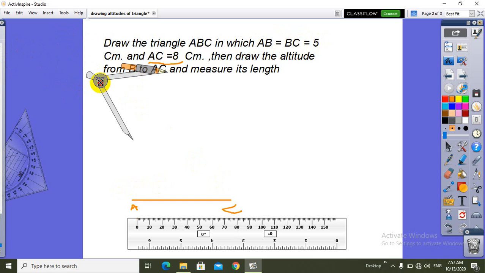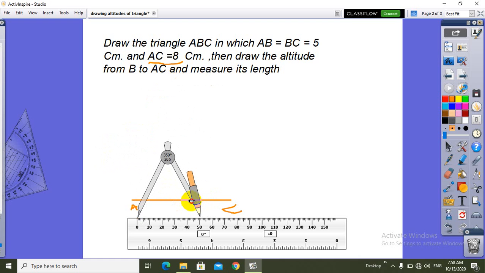By using the compass, I will open the compass to the length of these two sides, 5 cm. I will open the compass one time to the distance 5 and then draw the two sides. Put the sharp point on 0 and open the compass to the distance 5.